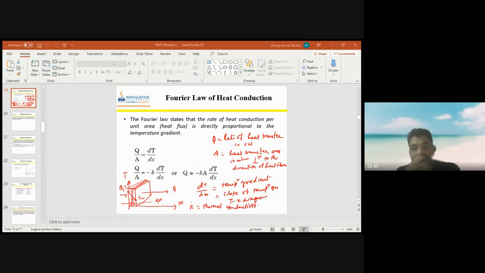So we need to calculate heat loss through the wall, as the wall is at high temperature on one side and lower temperature on the other side.